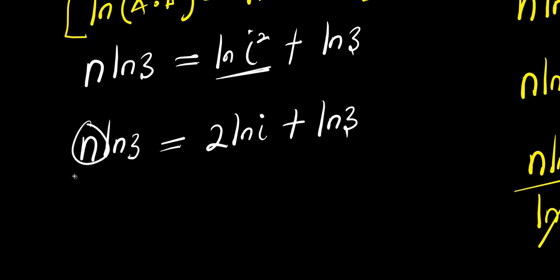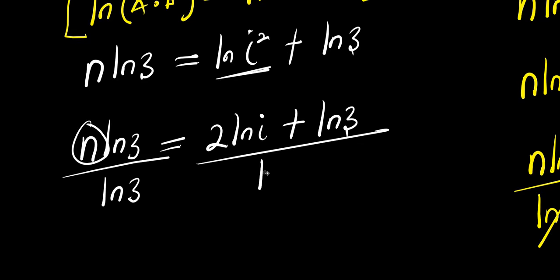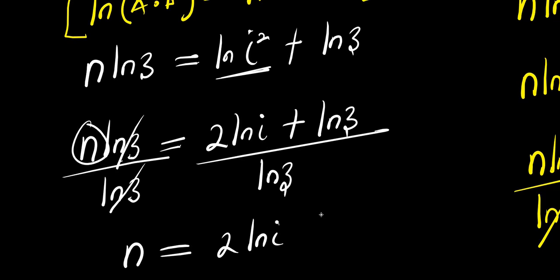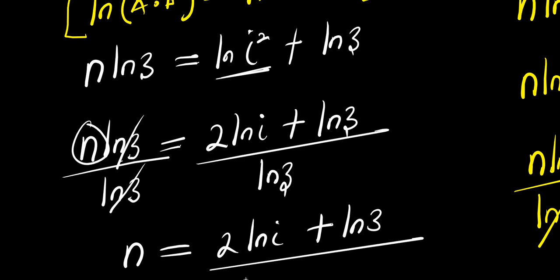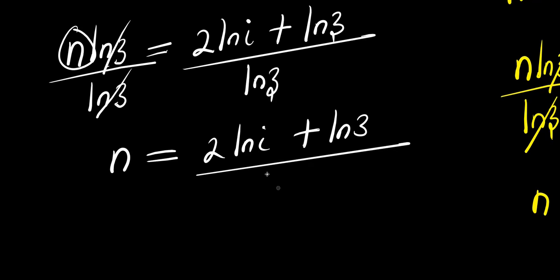Making this the subject, dividing this by natural log 3, dividing this by natural log 3. This cancels this. I have n equals 2 times natural log of I plus natural log of 3 divided by natural log of 3.